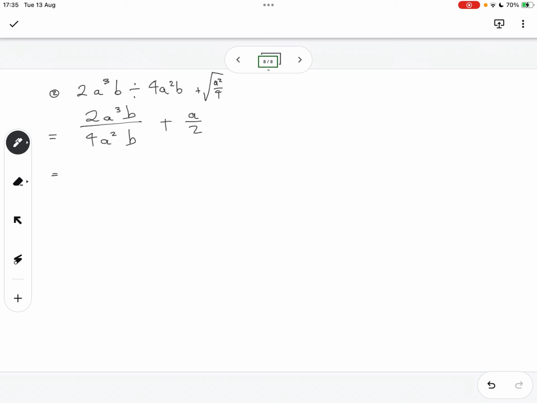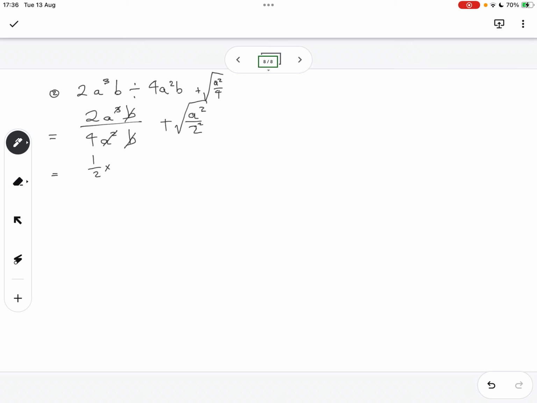a over 2, because I've already taken out this square. Okay, let's do this instead: a squared over 2 squared, so that we don't skip steps. Then 2 divided by 4 is a half.